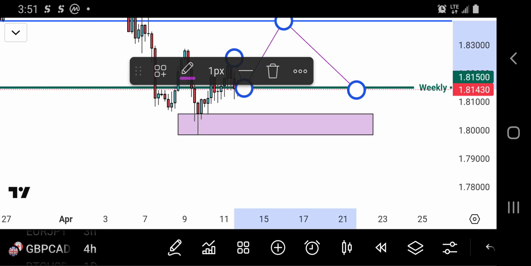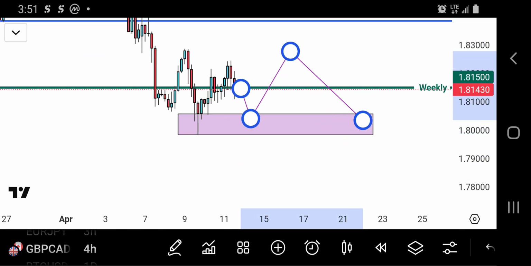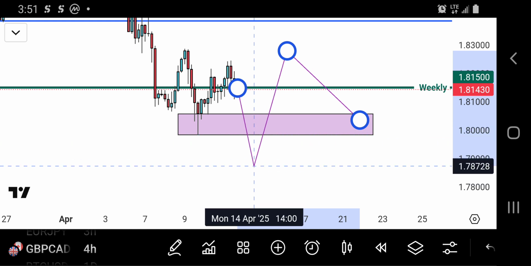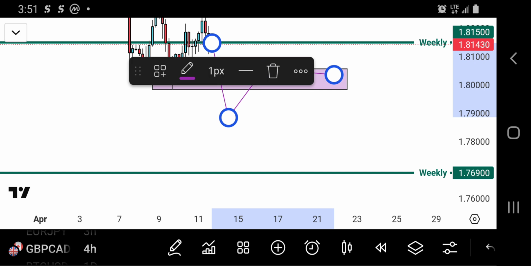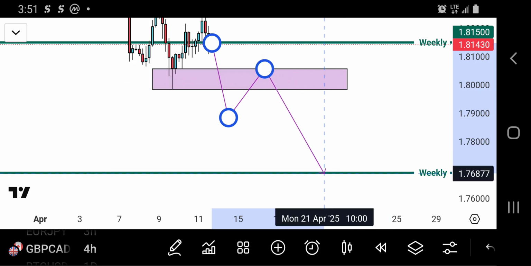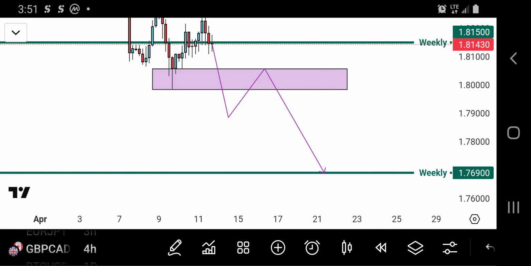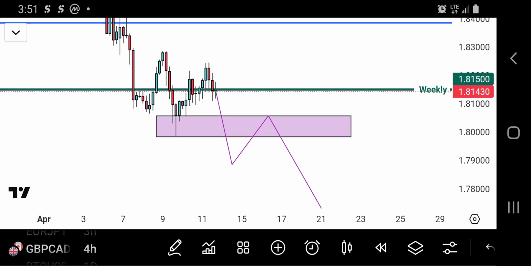This is for the downturn. This is what we need to see before we can start sticking to the short to 1.76900.